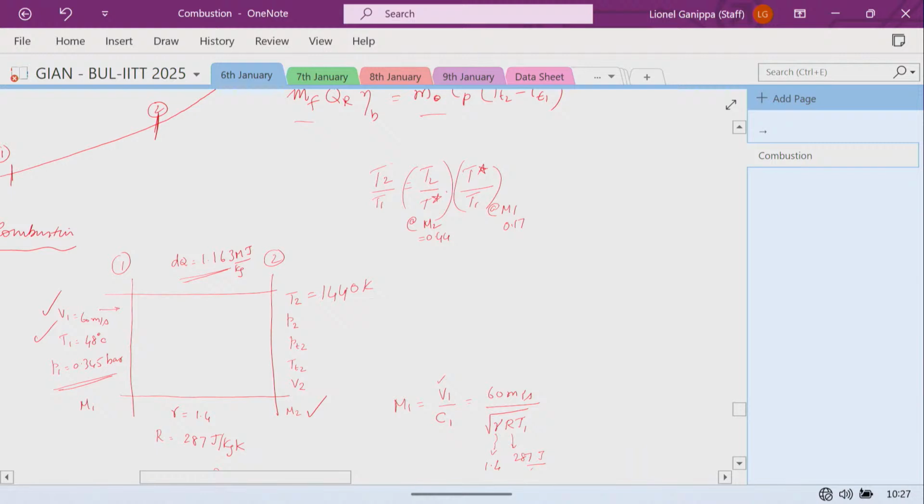Okay. Then P2. P2 by P1 is equal to P2 by P star into P star by P1.